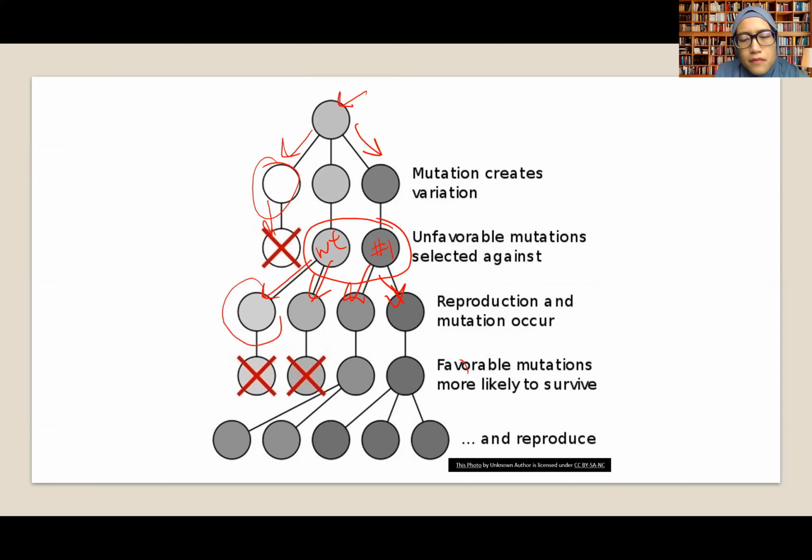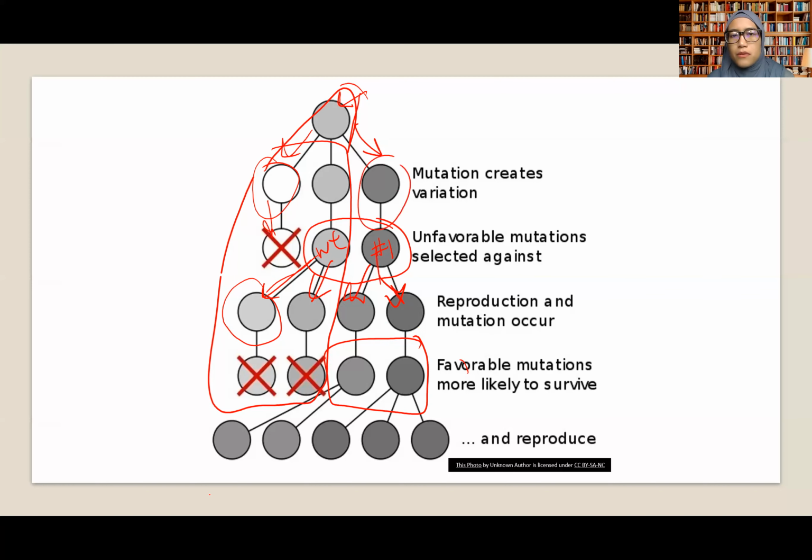Each of these produces two mutants, and then again there is natural selection. These two have advantages, so they stay and reproduce. Over time, this one right here is kind of gone, so what survived is from here on.